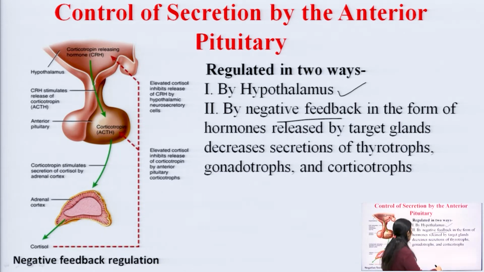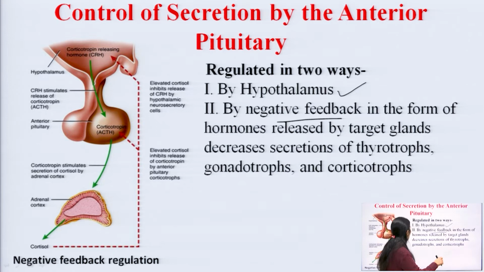Hormones released by target glands decrease the secretion of thyrotrophs, gonadotrophs and corticotrophs. So, how do they regulate? The anterior pituitary controls the secretion of other hormones, and anterior pituitary secretion is controlled by the hypothalamus.